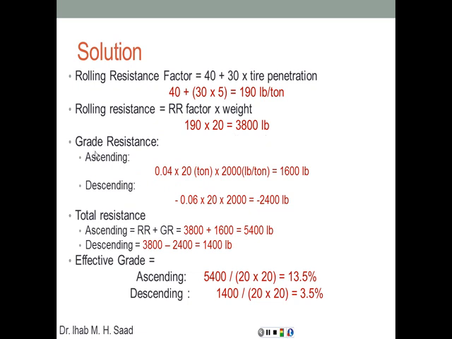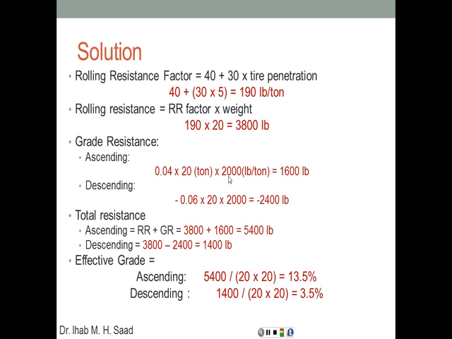The grade resistance going uphill is equivalent to 0.04, that's the slope, times 20, which is 20 pounds per ton per 1% of slope, times 20 tons, that's the weight of equipment, times 2,000 pounds per ton to convert the total into pounds.